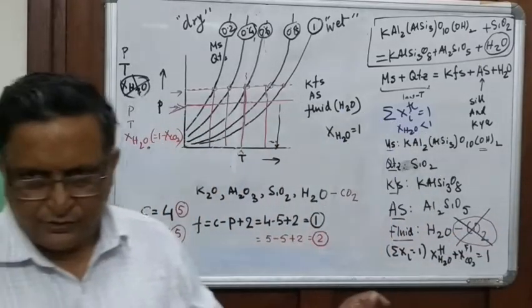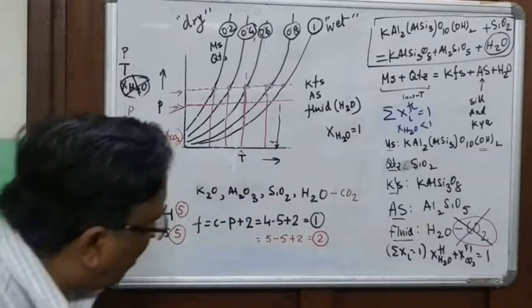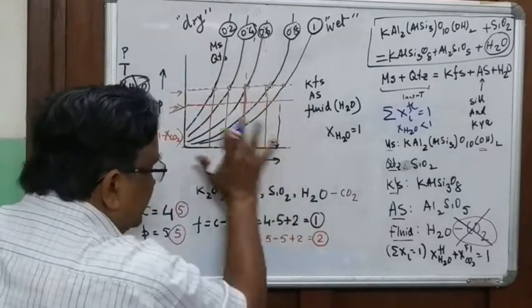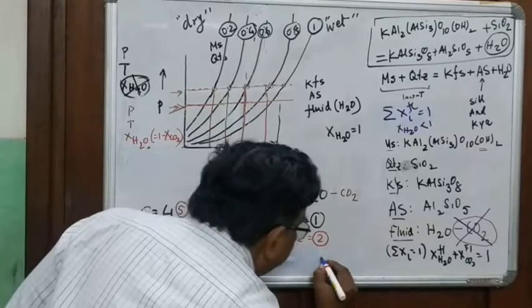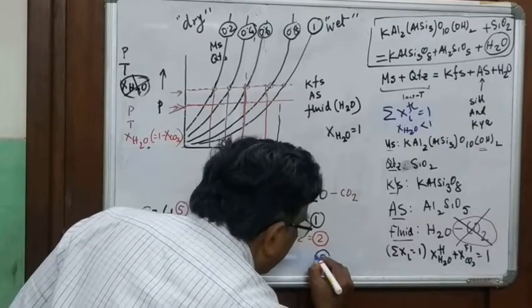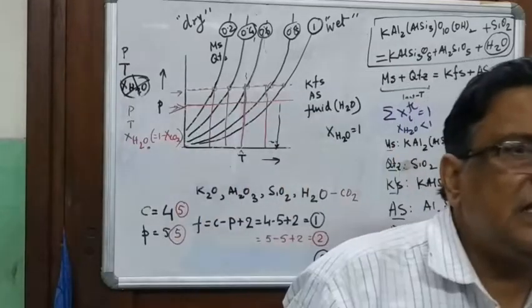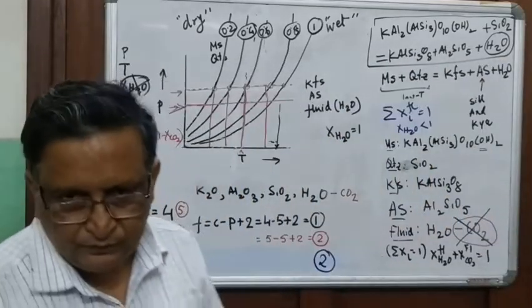I don't have CO2. But I want to have a very similar situation. So if I have to do this, then the variance has to be 2.